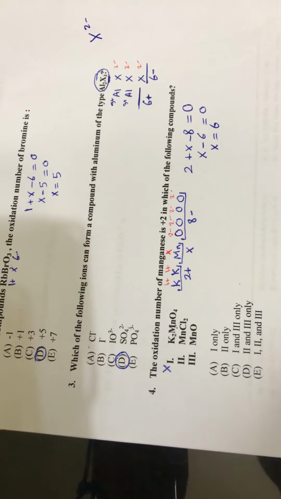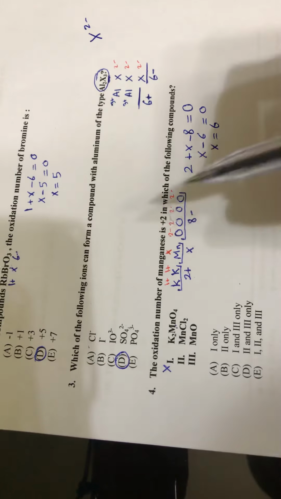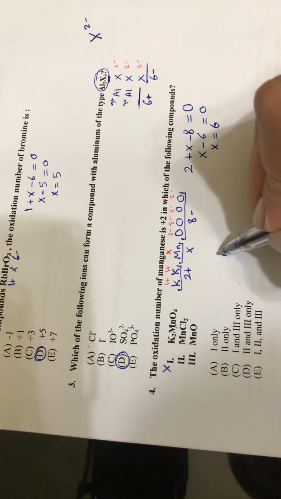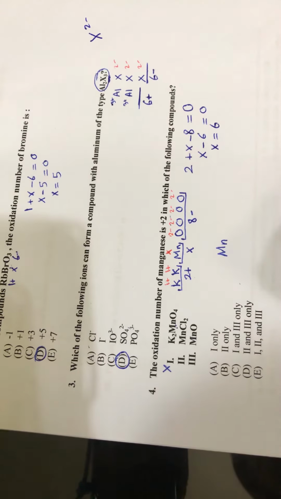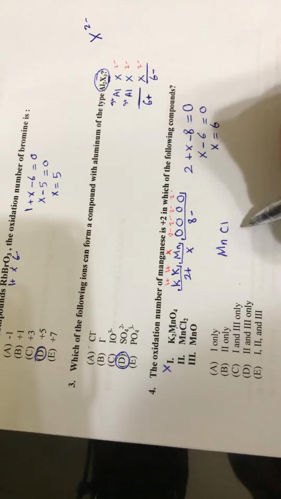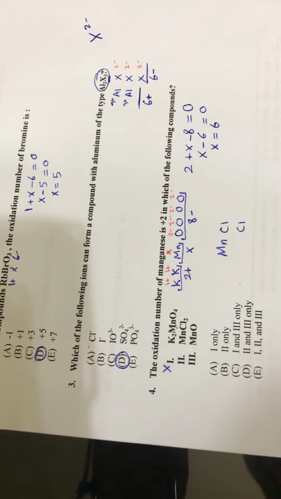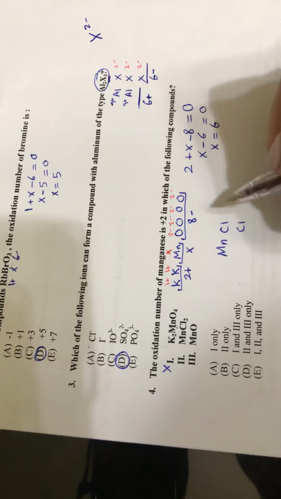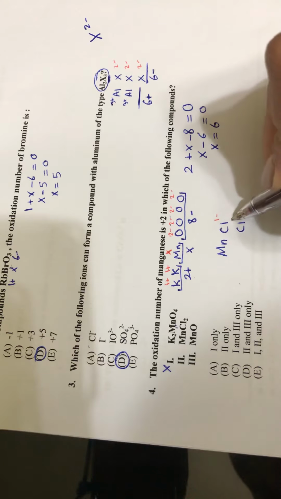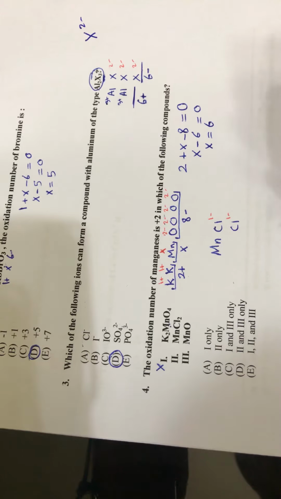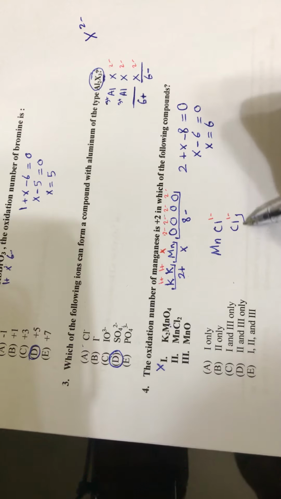What about the second one? MnCl2. It contains 1 manganese and 2 chlorine atoms. Chlorine is in group 7 in the periodic table, so it carries negative 1. So here the charge is negative 2. And here X, you have to calculate it.